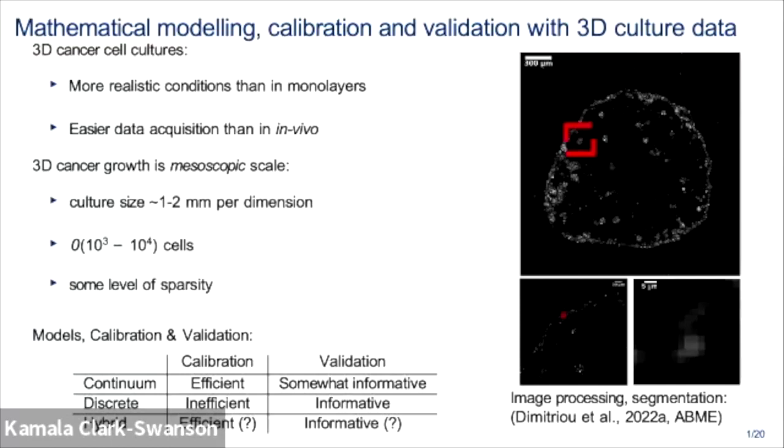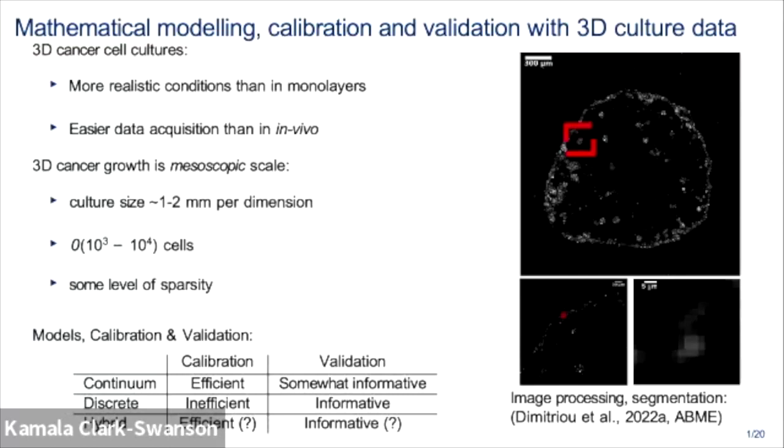However, when it comes to calibration and validation, both of them have strengths and weaknesses. For example, the continuum models can have fast calibration, but they cannot provide detailed quantitative information about the morphologies of the tumors.